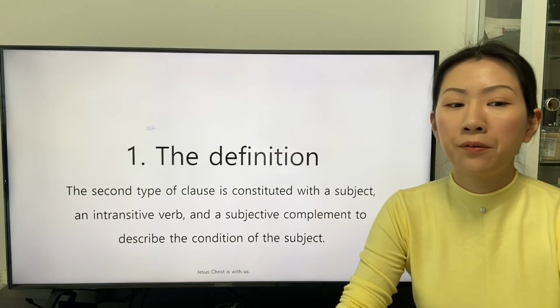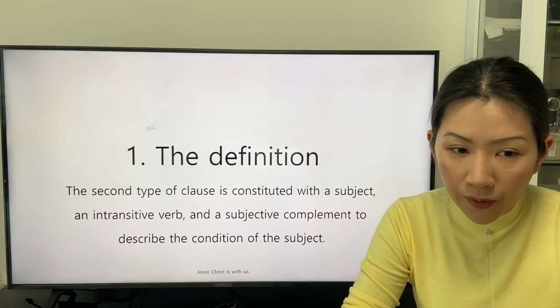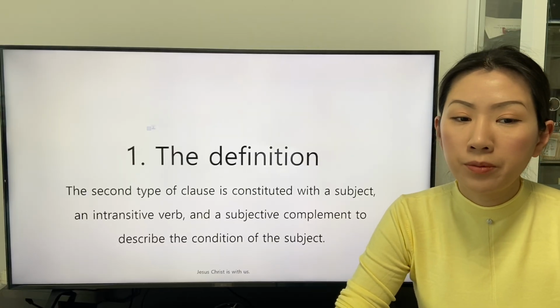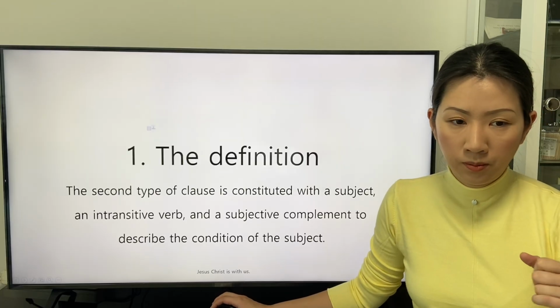The second type of clause is constituted with a subject, an intransitive verb, and a subjective complement to describe the condition of the subject.